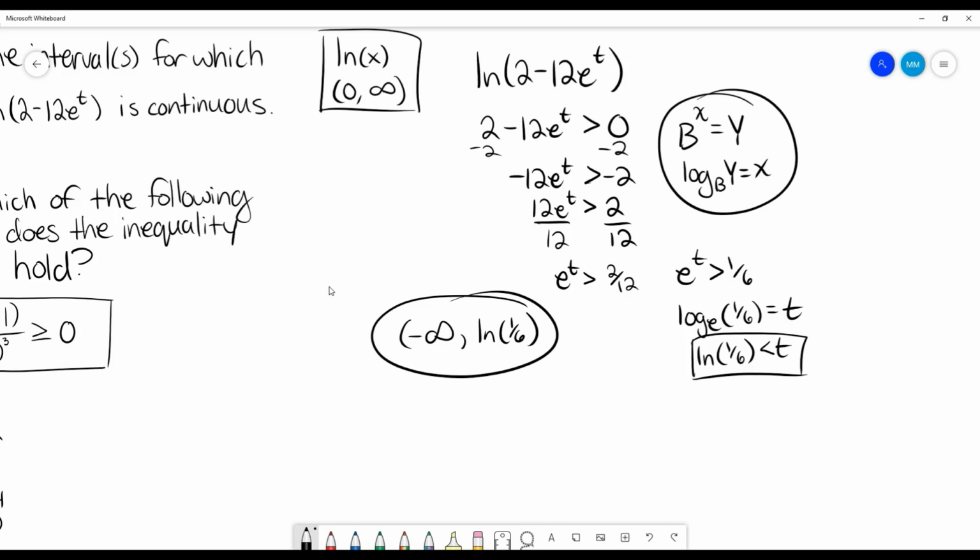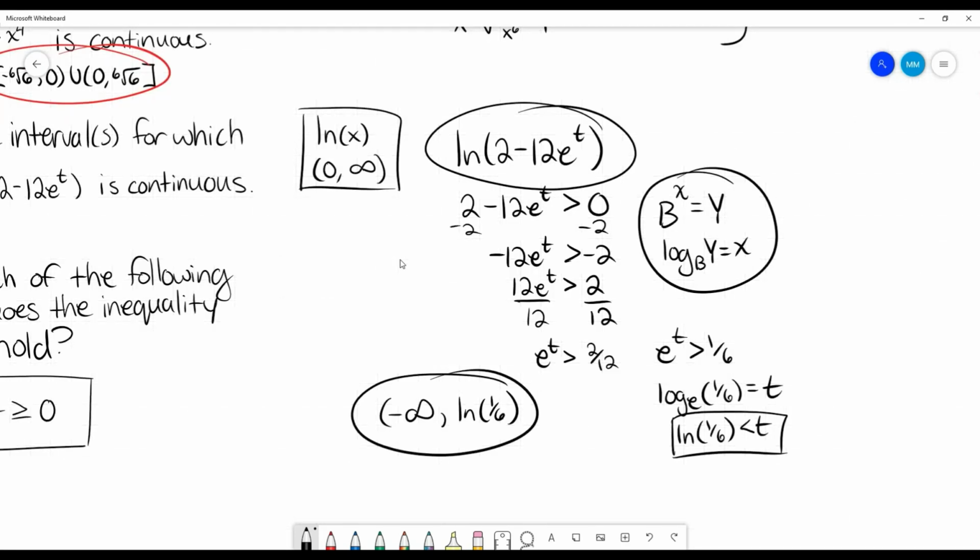This is our domain. And remember, the reason we don't include this is because if I plugged this value into that function, that's going to make this interior equal 0. And again, natural log of 0 is undefined.